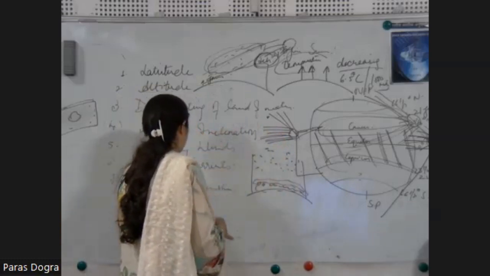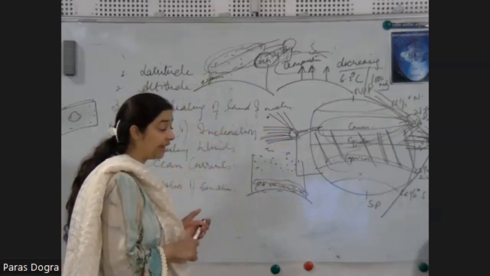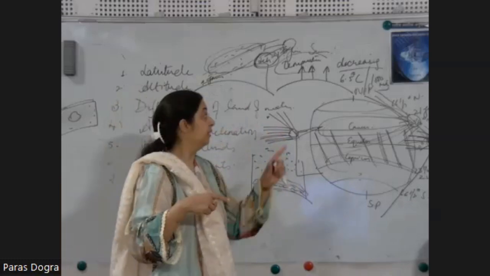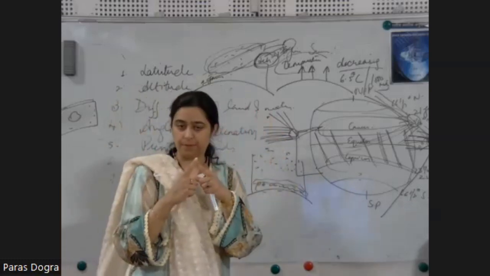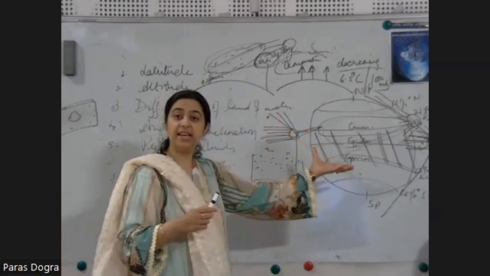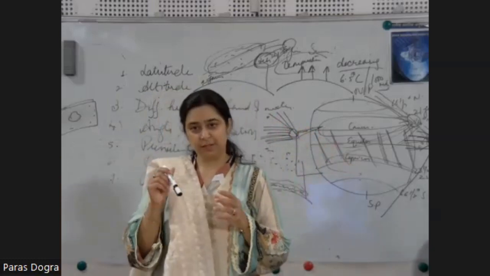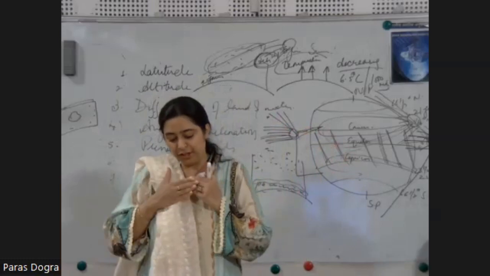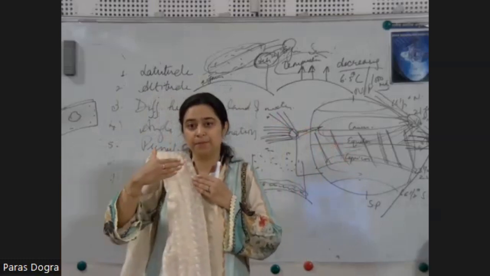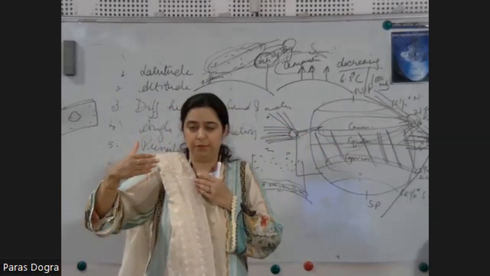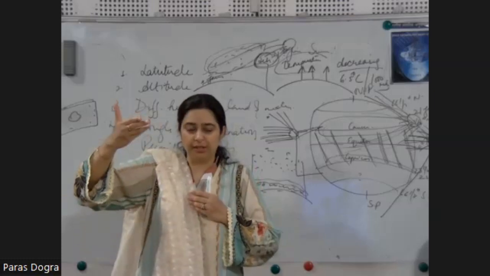Then the duration of the sunshine, which is again dependent on the revolution of the earth. In some parts the day is quite longer. Summers are approaching right now, and it is March. We are feeling that the days are getting longer. Why? Because the sun is coming northwards.